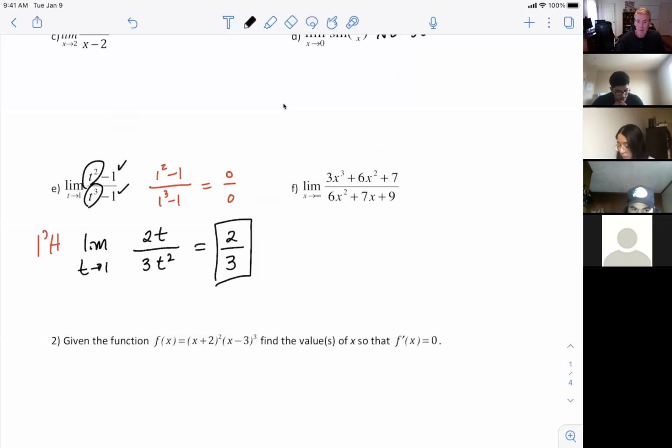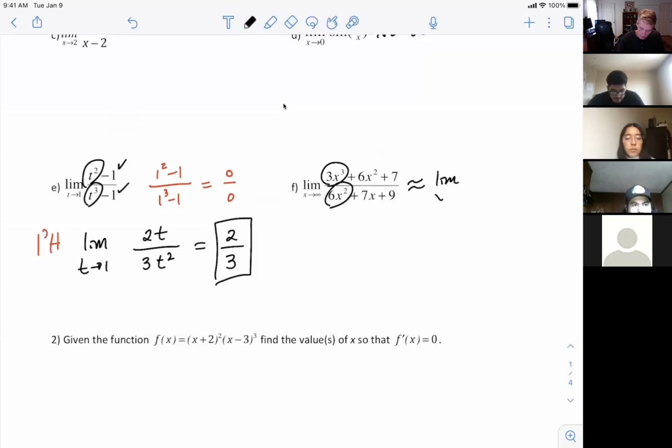Now with part F. I could do the approximation method when x is going to infinity, and you use the most powerful term on the top and the most powerful term on the bottom. So on top, that would be 3x cubed, and on the bottom, 6x squared.